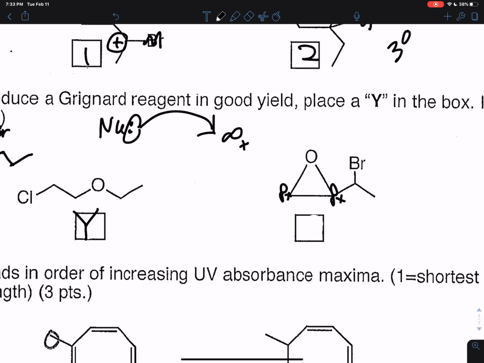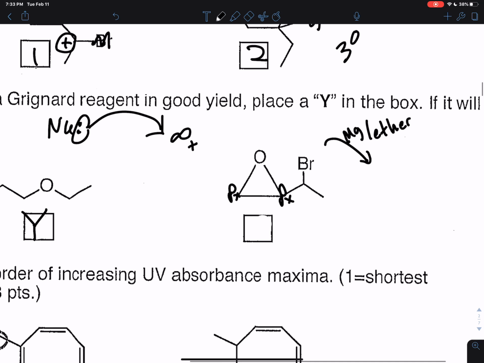So when you're trying to use Mg in ether to put your magnesium right in between that bromine and the alkyl chain, it will right away go and attack itself at one of these carbons, particularly the left one. So it's going to react with itself. You're going to ruin your Grignard, so you're not going to produce the Grignard in good yield. So we're going to put no.